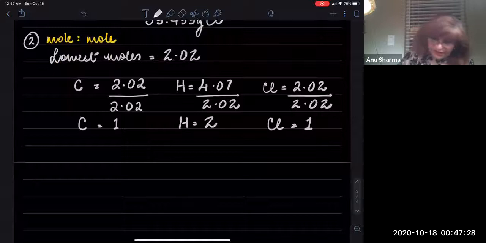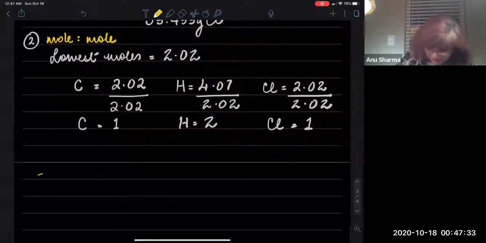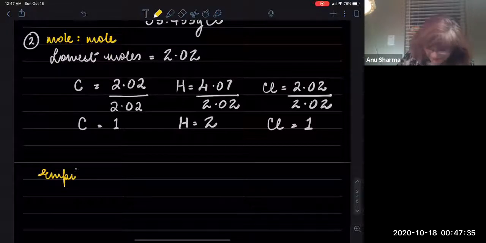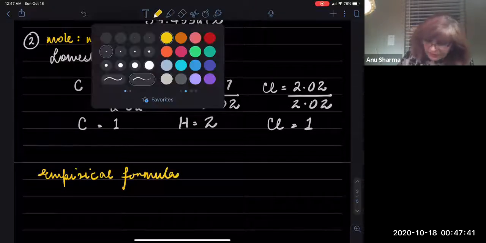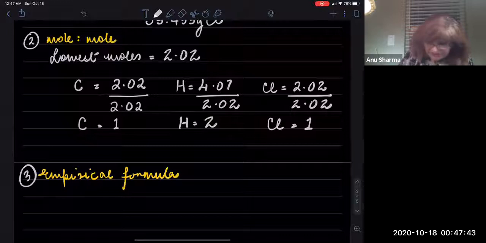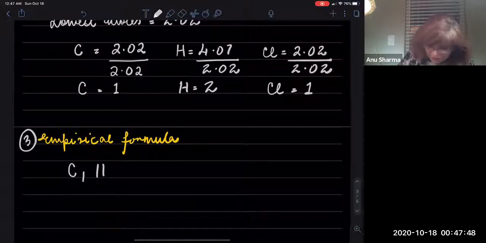Okay, so next is the empirical formula. Plug these numbers into the empirical formula. That is going to be the third step: carbon 1, hydrogen 2, and chlorine 1.